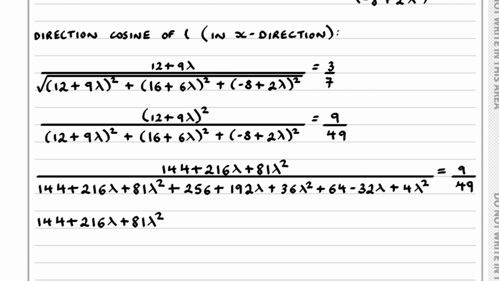And if we simplify, the top remains as it is, and collecting like terms on the bottom, we end up with 464 plus 376 lambda plus 121 lambda squared, and this is equal to 9/49.